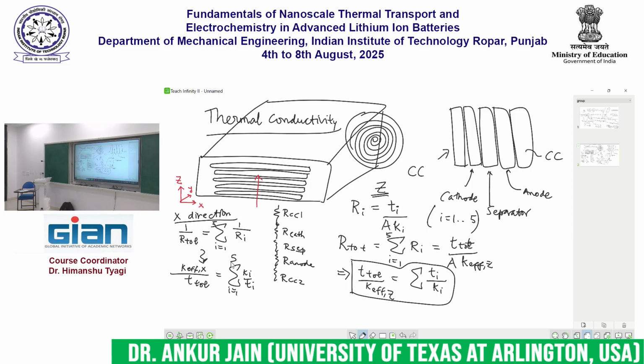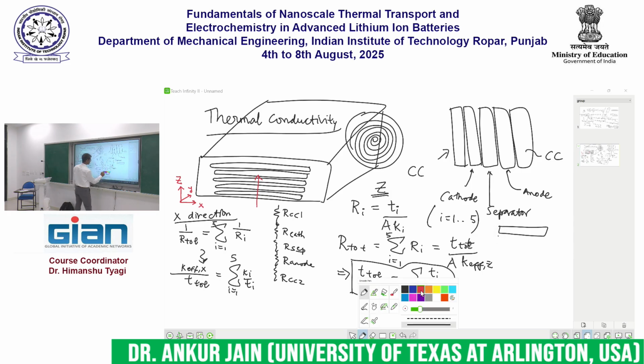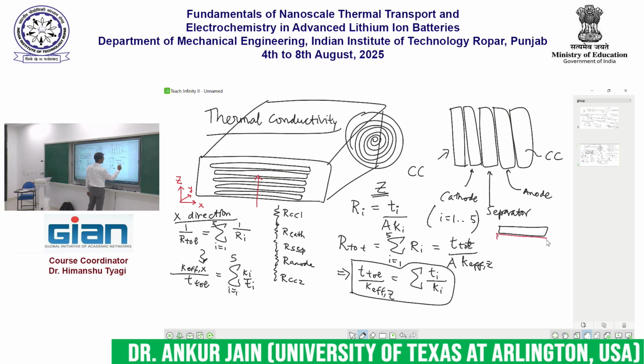Additionally, I did not talk about this too much, but I would like to introduce the concept of interfacial thermal contact resistance. What that means is that if I have two materials, let me use two different colors, that touch each other, the contact between the two is never perfect. Even if these are very smooth materials, at the microscopic level there's always some roughness.